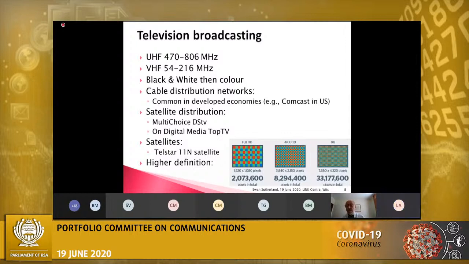We're moving to 8K, which is relatively affordable, and 16K is coming along. So you have this mixture of terrestrial broadcast, satellite broadcast, increasing definition, more compression into the signal, and finding new frequencies to get to people.